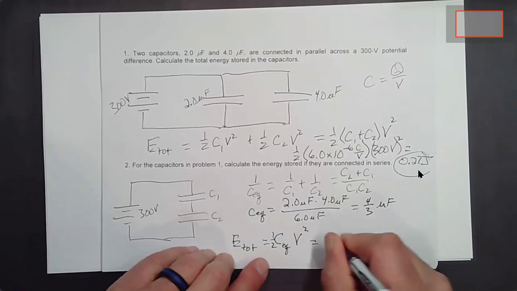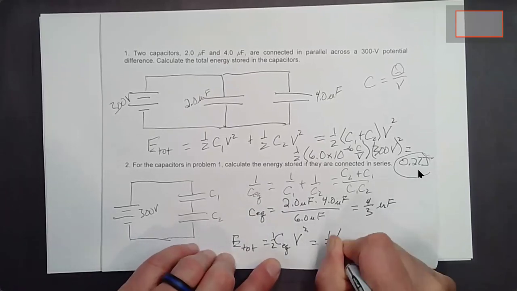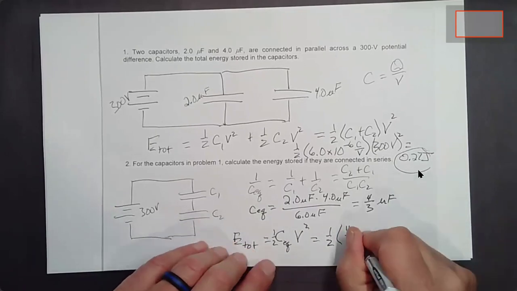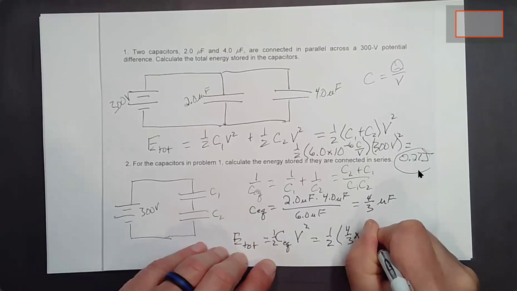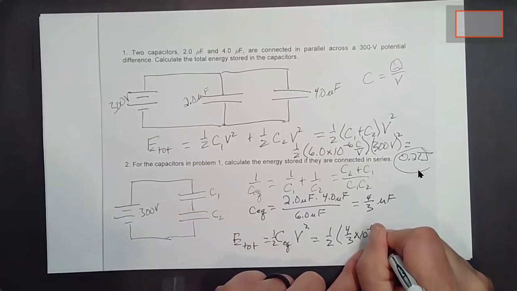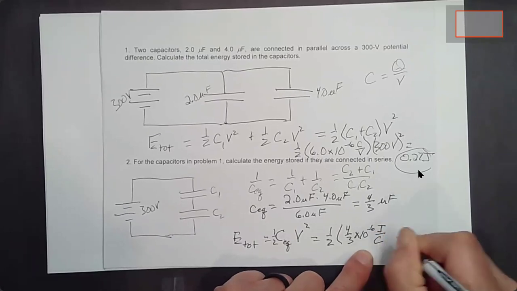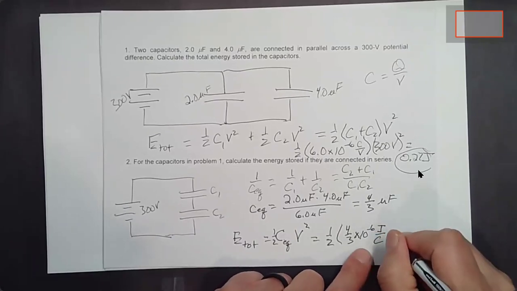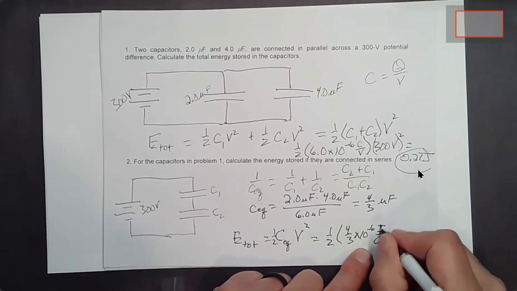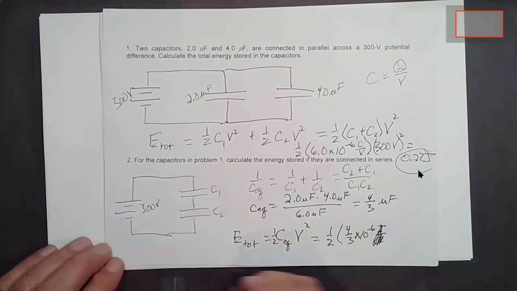So 1/2 times 4/3 times 10 to the minus 6, almost forgot that. And again, let's try that again.